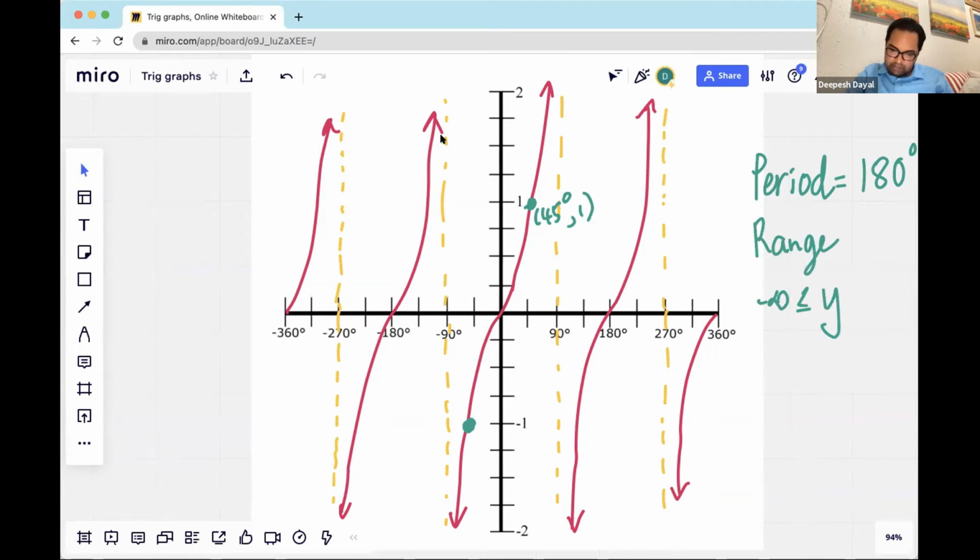Okay, my infinity sign is a bit strange. Let's do that. And there we go. And this is your tan graph.